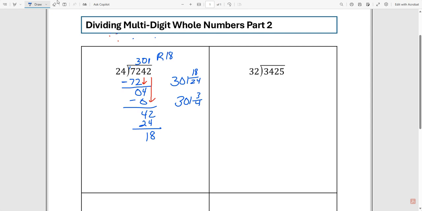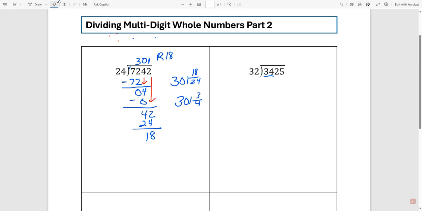And we have 3,425 divided by 32. So again, we'll take the first two digits, since the divisor is two digits. We're asking ourselves, 34 divided by 32, where we clearly can see that 32 can go into 34 one time. Even those first digits, 3 divided by 3 is 1.